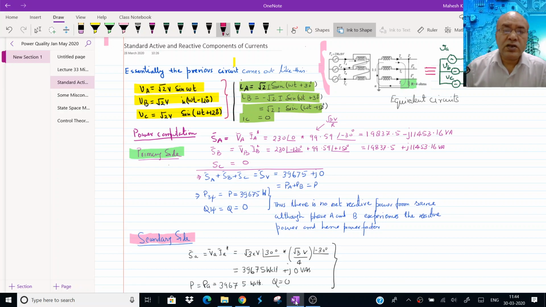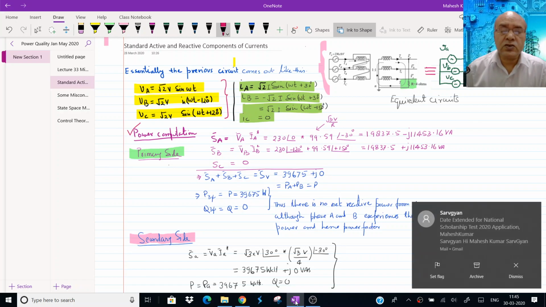So these voltages and these currents can be used to find out the apparent powers, the active powers, and the reactive powers. Let us try. So this is the power computation, this part where we have found SA bar, complex apparent power in phase A, SB bar, complex apparent power in phase B, and phase C. Here SC is 0 because the current is 0.